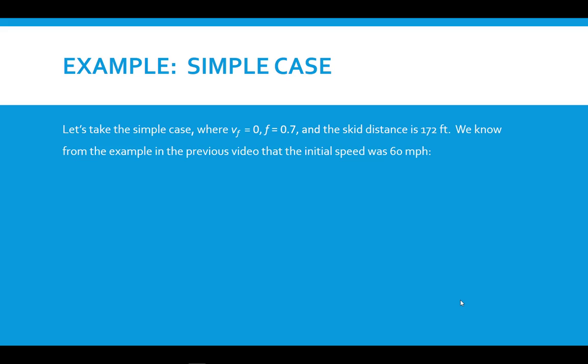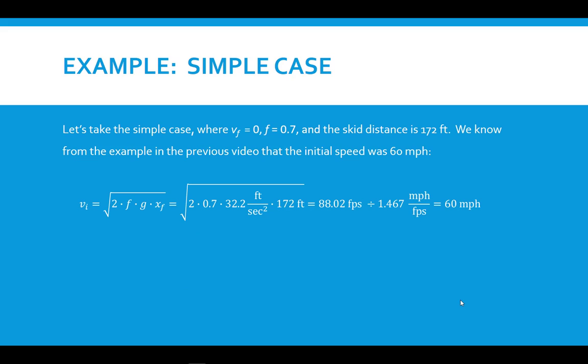We worked that out previously in the Skid to Stop video, that the initial speed for this case would be 60 miles an hour. So let's see if we get 60 miles an hour working backwards. If we plug our numbers in, I've shown the units and how it's calculated, we wind up with 60 miles an hour.